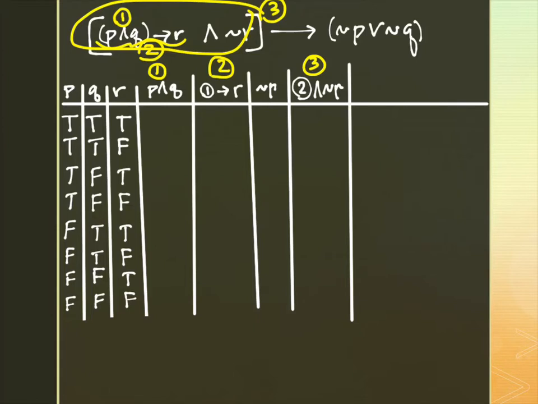Now, if you look to the right-hand side, you see we have need of several things, right? A tilde P, a tilde Q, and an or statement. And you can see also I'm running out of space to put them all in, so I'm going to do my best.